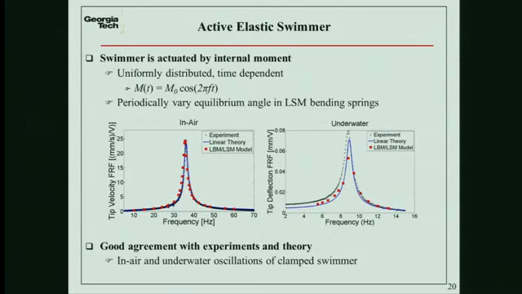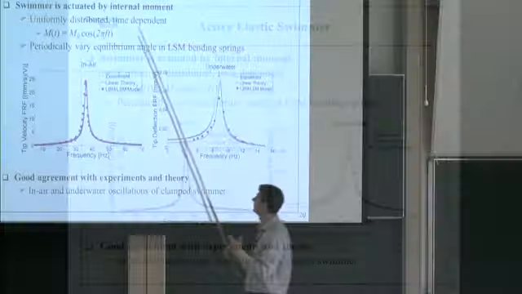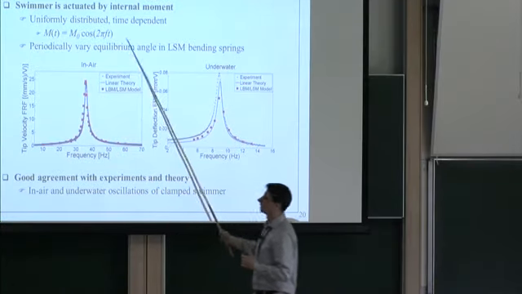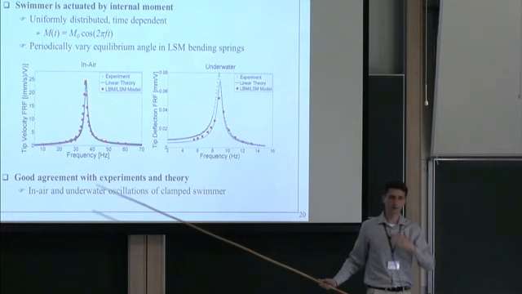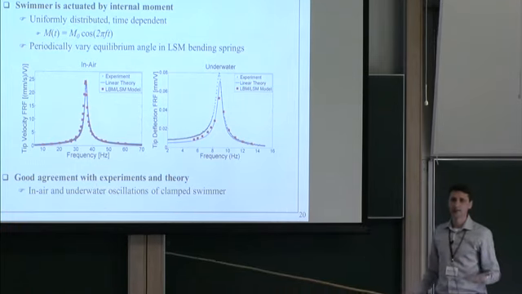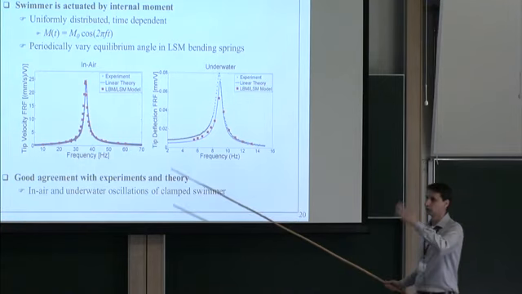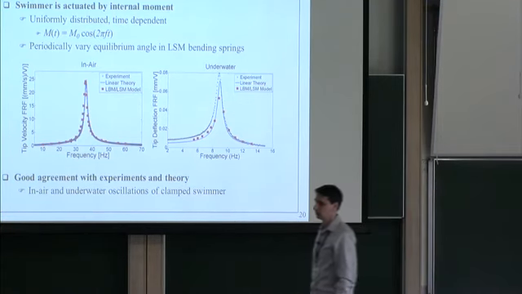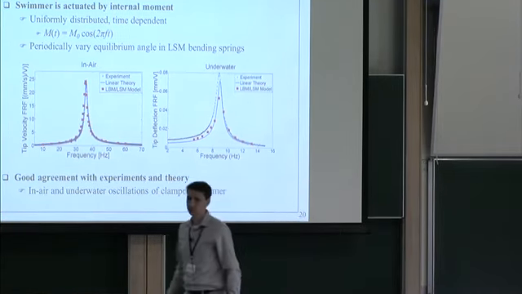Okay, so let me, in 5 minutes, talk about active swimmers. To model these active swimmers, we change very little the model we use. Essentially, we introduce an equilibrium angle for our bending springs that changes in time according to a sine, and this essentially mimics the internal moment we have in the system, right?